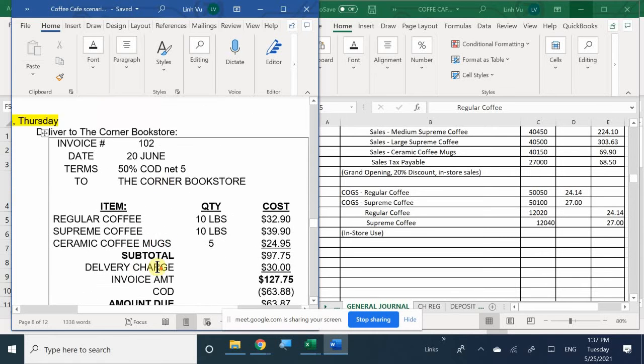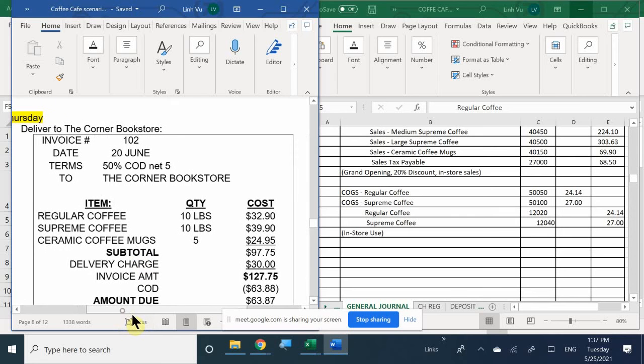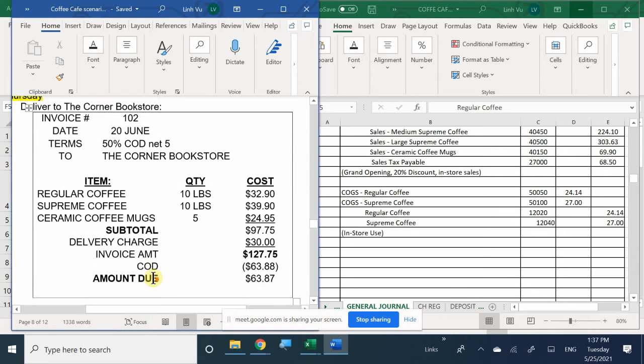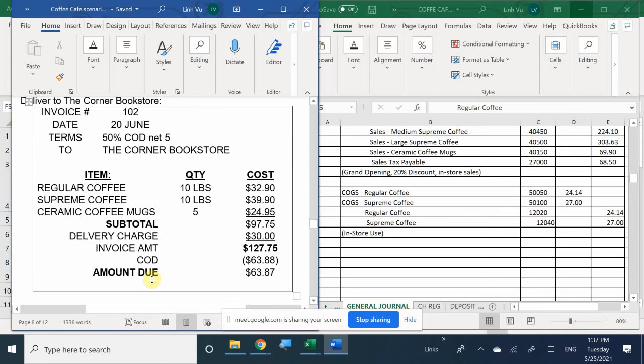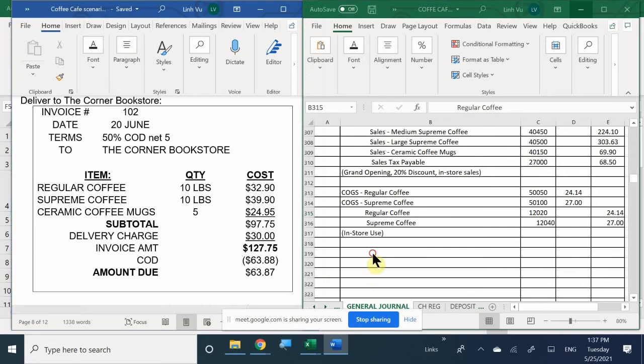So what happened here? We made a delivery to the corner bookstore. Yes, we did. So what's the journal going to be? Well, we're going to start with checking and accounts receivable. What were our terms? 50% COD, and then the balance within 5 days.